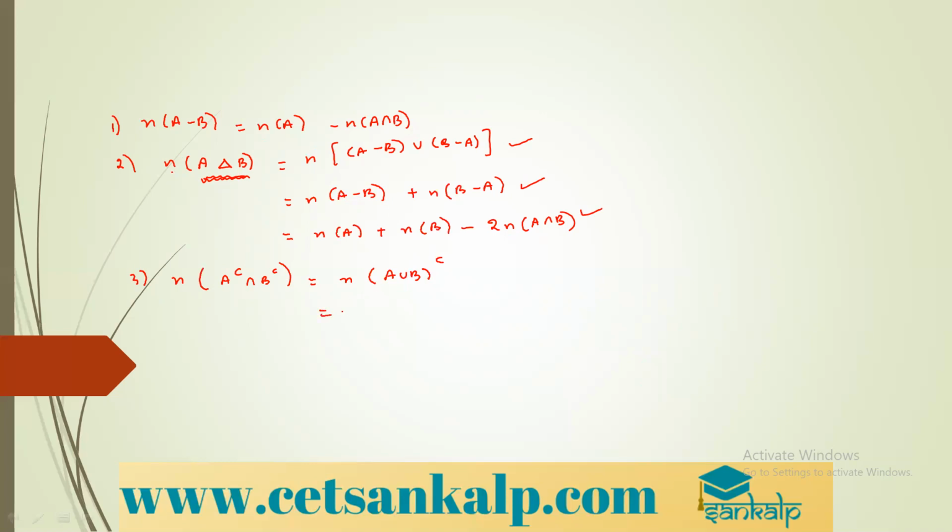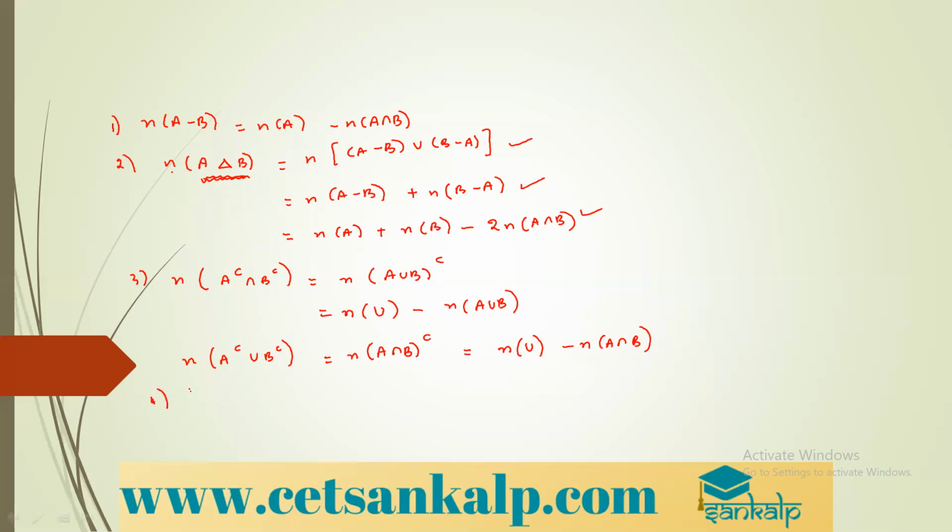Or you can even say the number of elements in the universal set minus the number of elements in A union B. Similarly, the number of elements in A complement union B complement is the number of elements in A intersection B complement. Or you can even say the number of elements in U minus the number of elements in A intersection B.